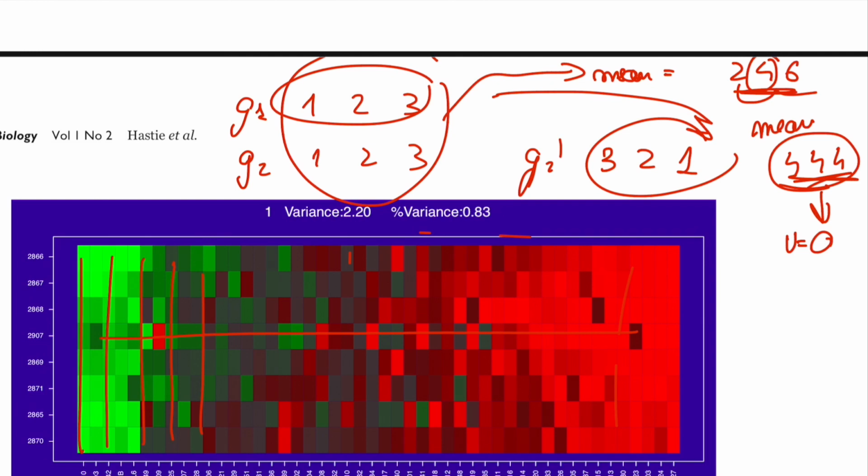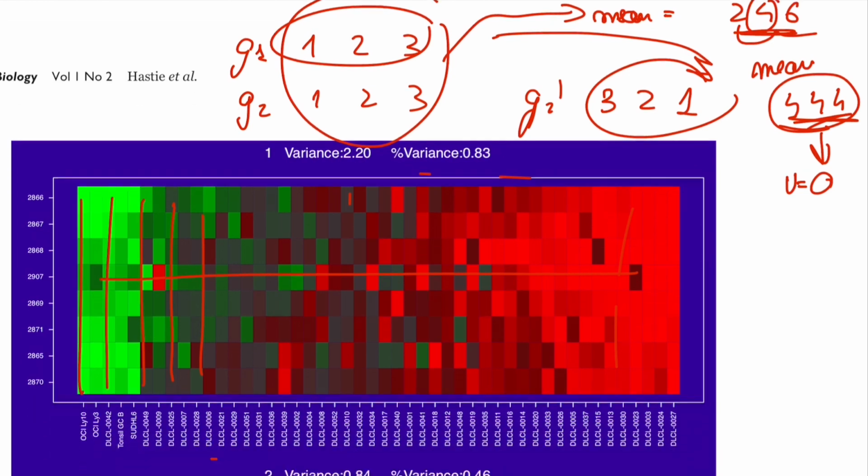So by maximizing the variance of the average gene, this structure in the cluster is incentivized to appear, meaning the genes express similarly across patients.